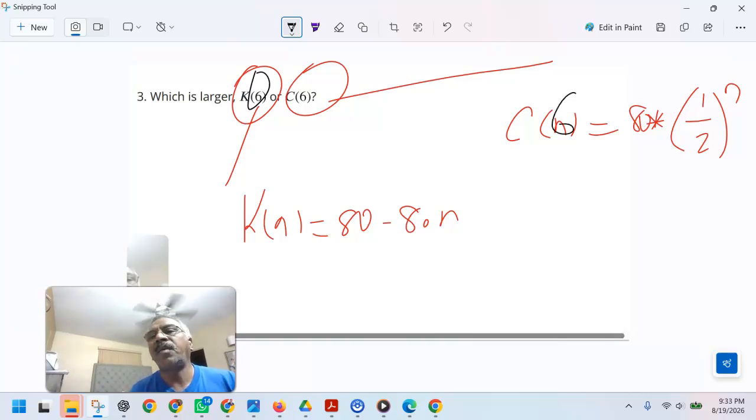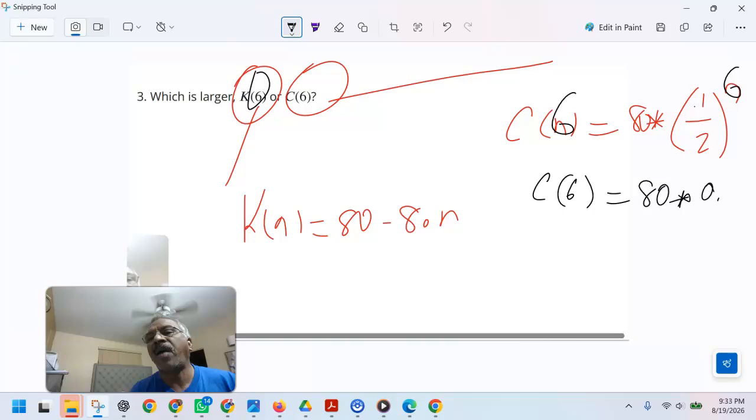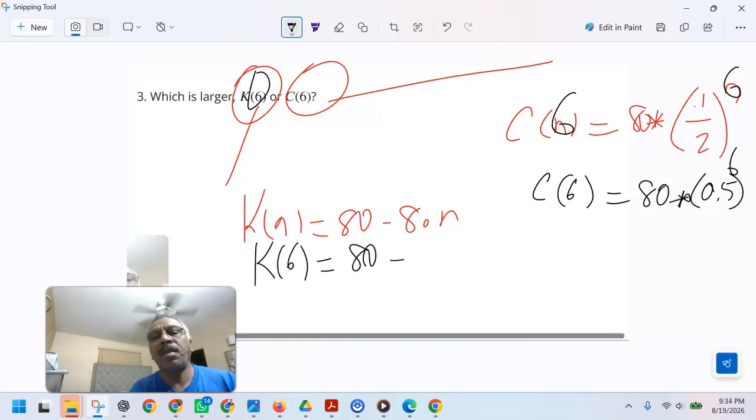If I put 6 here and a 6 here, you do a little calculation. 80 times half, 0.5 also, you can write like this, same thing. And here you write K of 6 is 80 minus 8 times 6. 8 times 6 is 48, and this is 32.